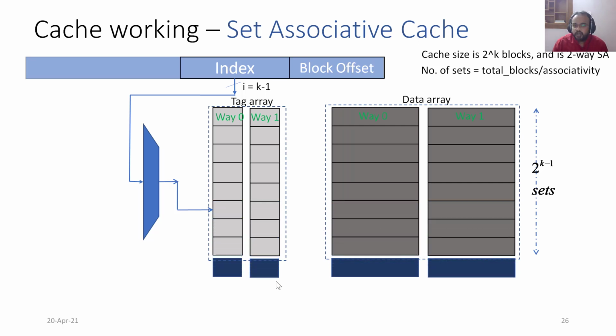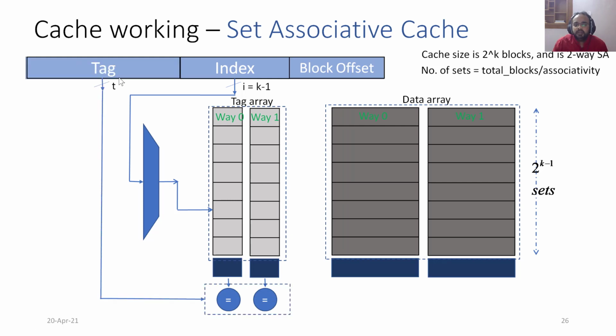All of them will be read out. Okay, now the requested tag of t bits will be matched with the tag of both way 0 and way 1, right? If both of them are a mismatch, then it's called a miss. But if one of them is a match, then it's a hit. Obviously both of them cannot be a hit.